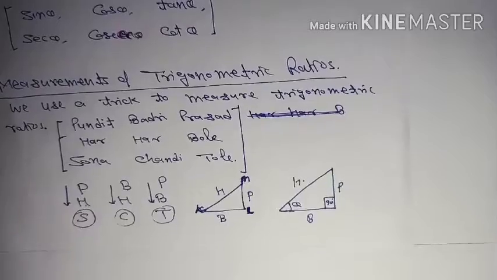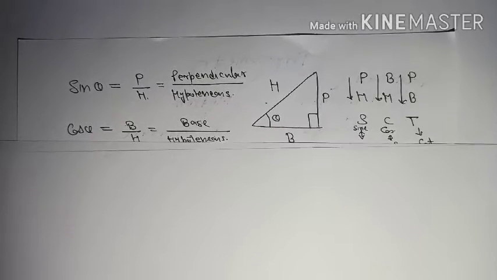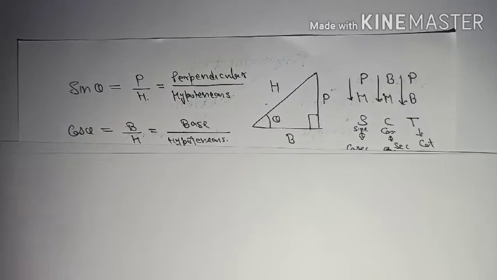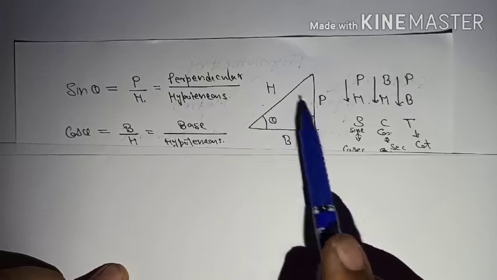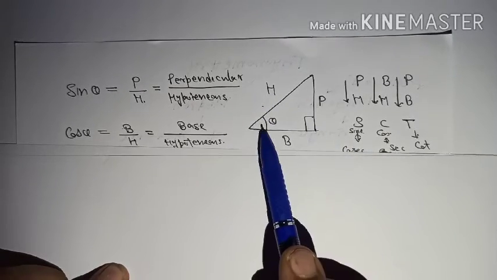Now let's go further. As I told you, we make use of the right angle triangle. Here this is the base, this is the perpendicular, this is the hypotenuse, this is the 90-degree angle that is called the right angle, and this is the theta angle.